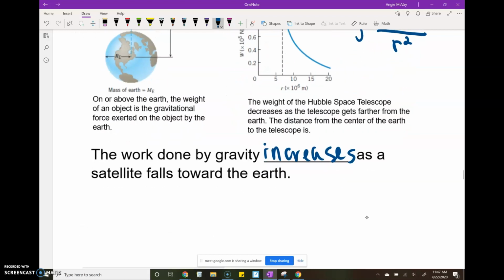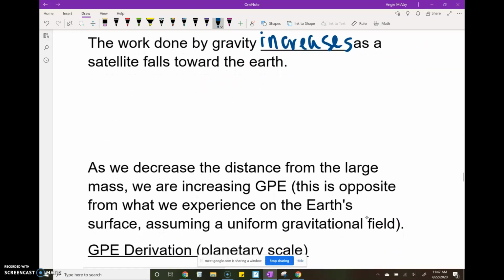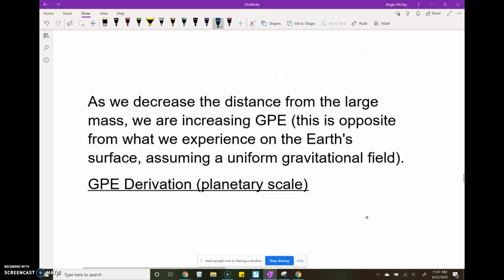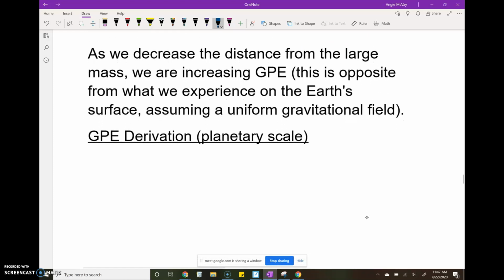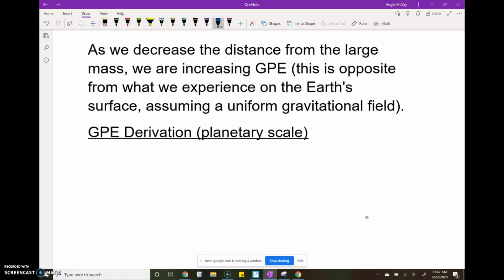Okay. So as we decrease the distance from the large mass, the Earth, we are increasing the gravitational potential energy. Right? This is opposite from what we experience on the Earth's surface.